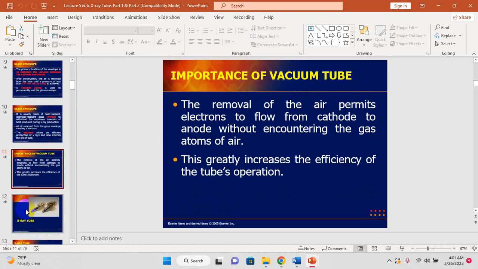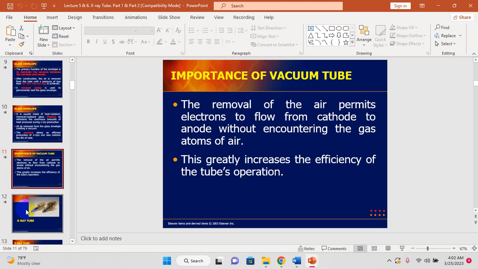So what is the importance of the vacuum tube? The removal of the air permits electrons to flow from cathode to anode without encountering the gas atoms of air. This greatly increases the efficiency of the tube's operation.